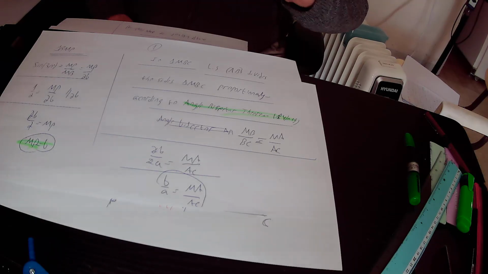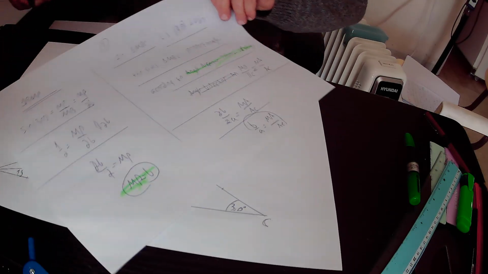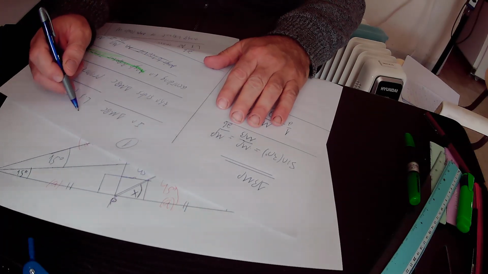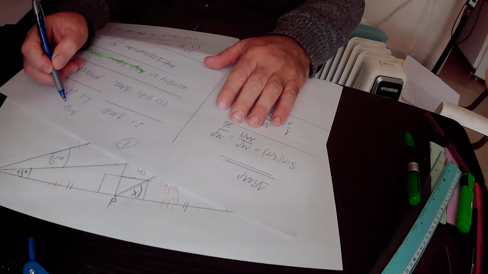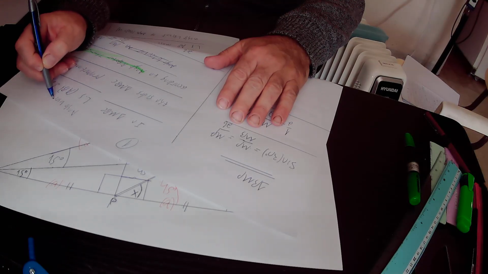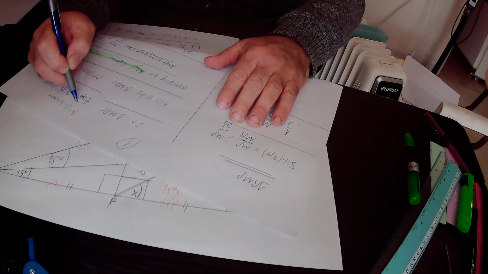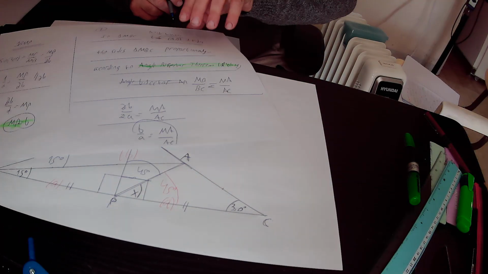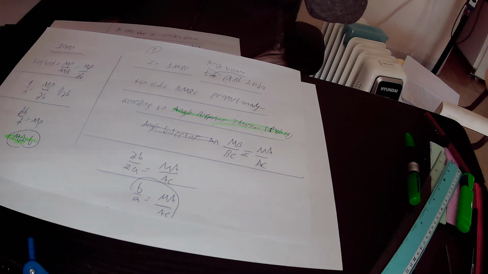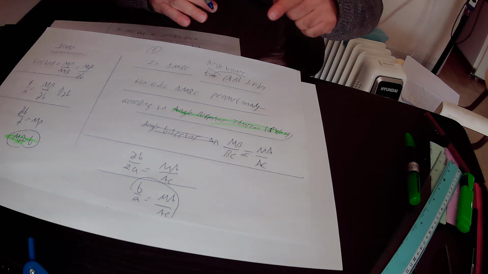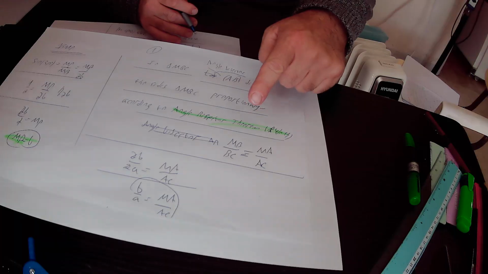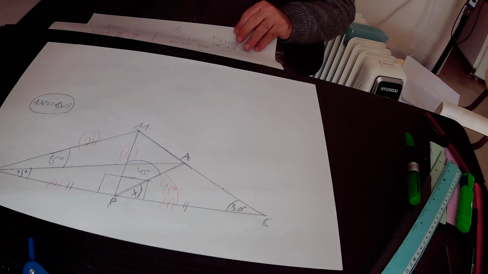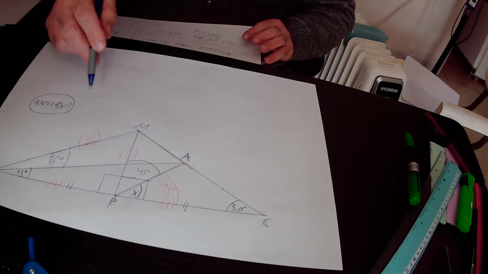Repeat again. We know that AB is the angle bisector of triangle MBC.